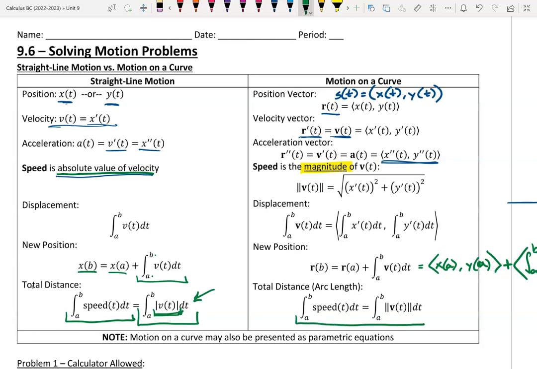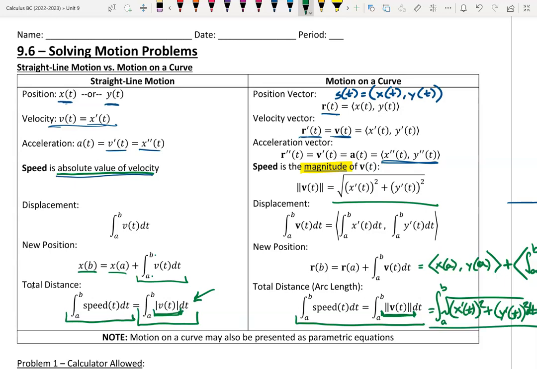Our total distance is the integral from a to b of the speed, but the speed is our magnitude, and if we were to put that in, what our magnitude is here, that'd be the integral from a to b of the square root of x prime of t squared plus y prime of t squared dt.